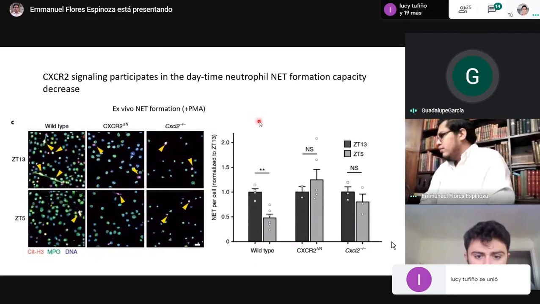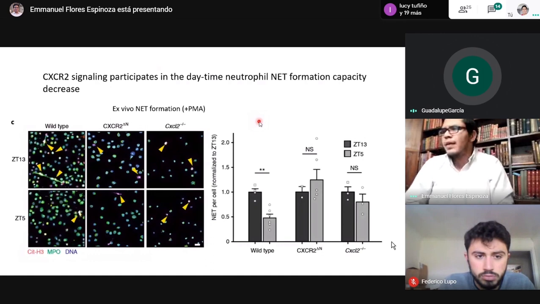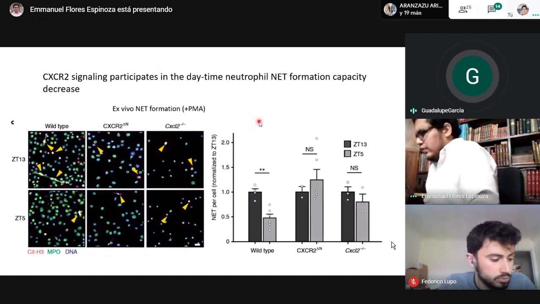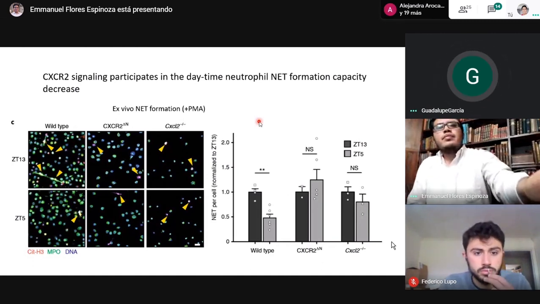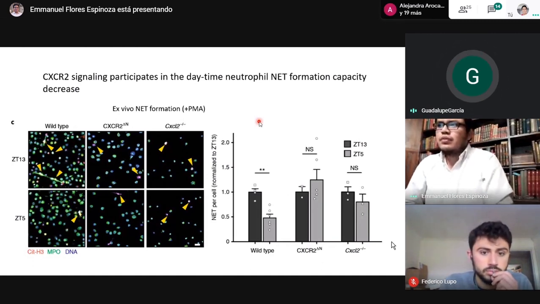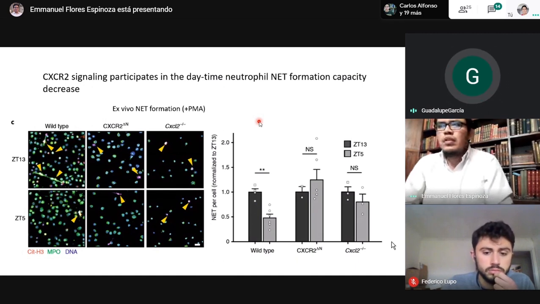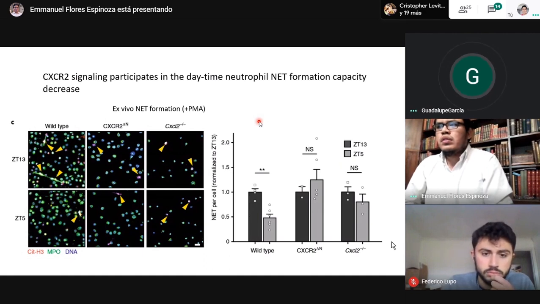And I have another question here. They said that this is an autocrine regulation because the same CXCL2 that they produce is captured by those neutrophils and allows them to degranulate before they enter the tissues. But in the previous figure, they show that the exogenous CXCL2 that they add had an effect. Can you go back to the previous one?